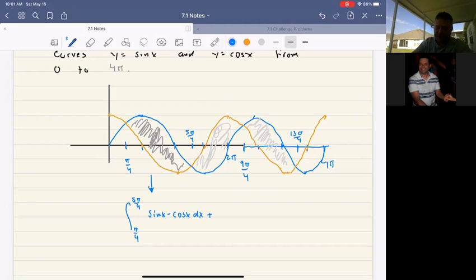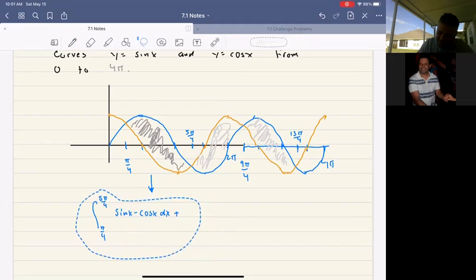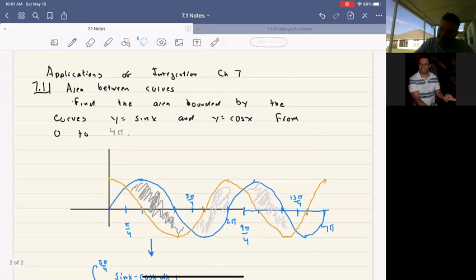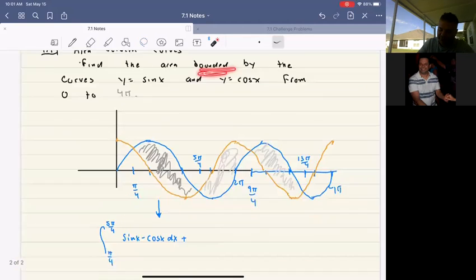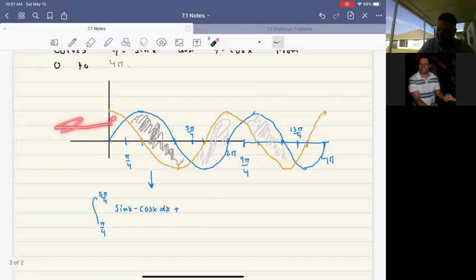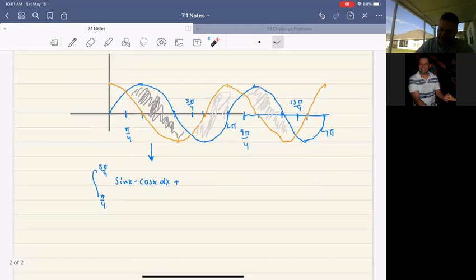Plus, now from here, remember this is the region bounded by, so that means this isn't bounded and this isn't bounded. Plus, here we're going to go from 5 pi over 4 to 9 pi over 4.